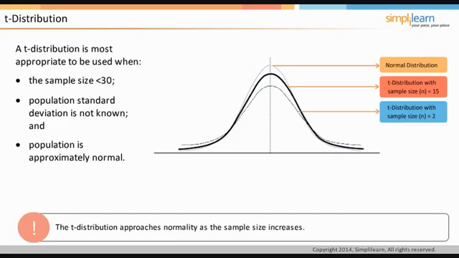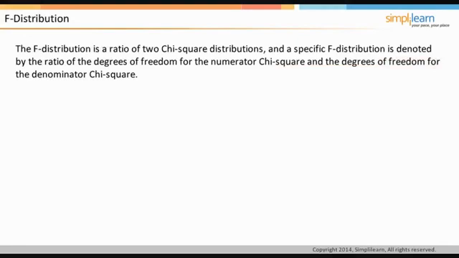Let us learn about f-distribution in the following screen. The f-distribution is a ratio of two chi-square distributions. A specific f-distribution is denoted by the ratio of the degrees of freedom for the numerator chi-square and the degrees of freedom for the denominator chi-square.